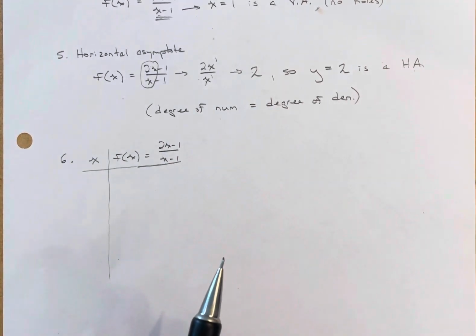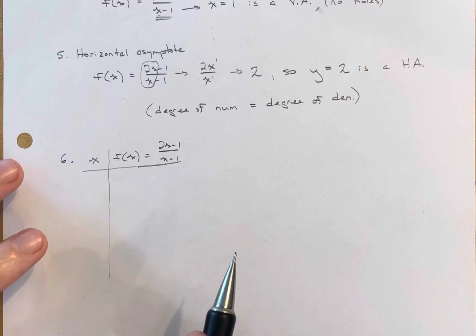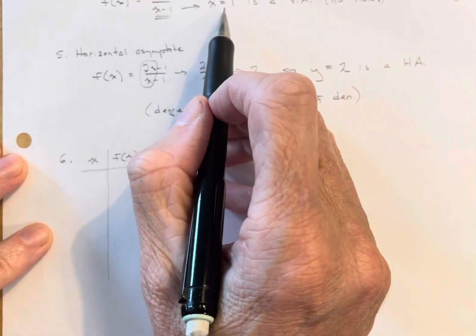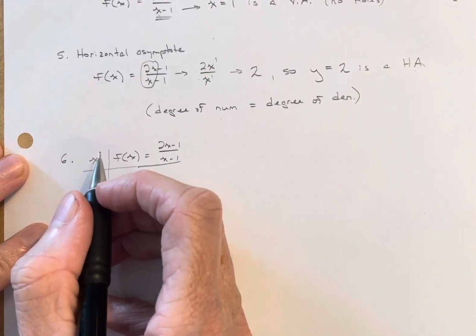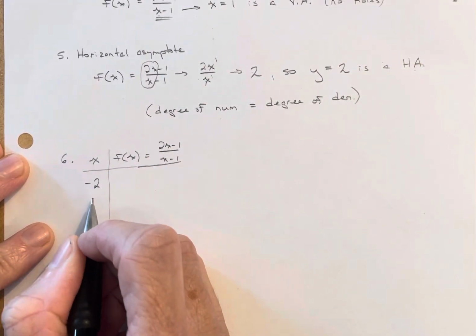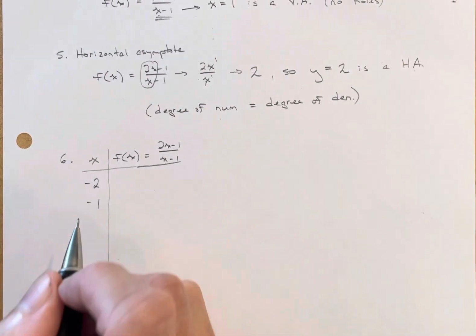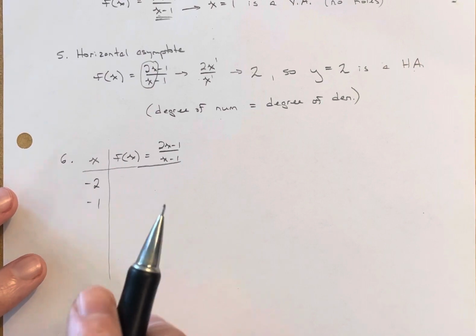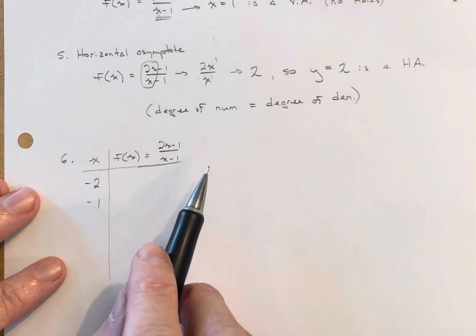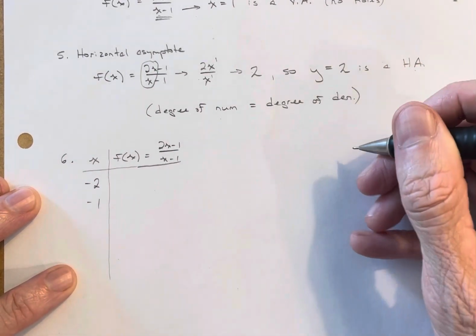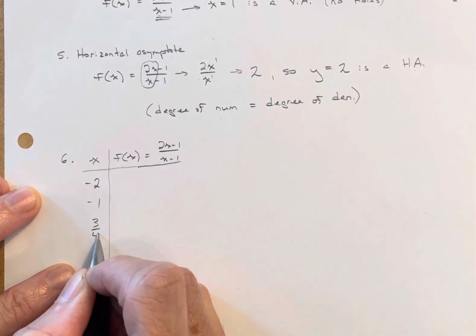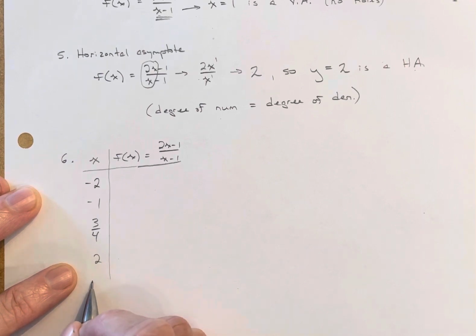We want points on either side of the vertical asymptote, which is at 1. So let's do a -2. Let's do a -1. Yes, between each x-intercept and asymptote. Between the intercept and the asymptote. I'll do 3/4. I'll do 2, and I'll do 4.